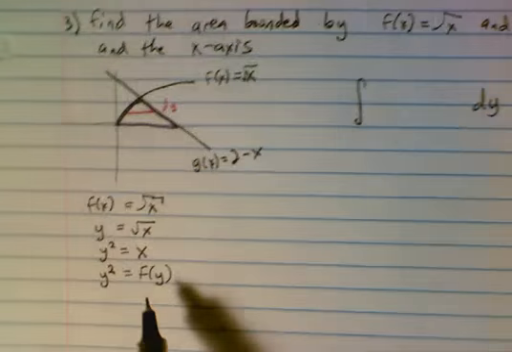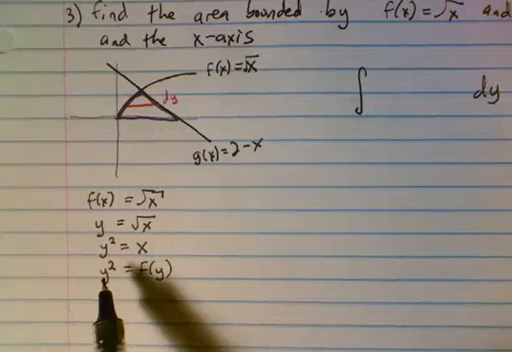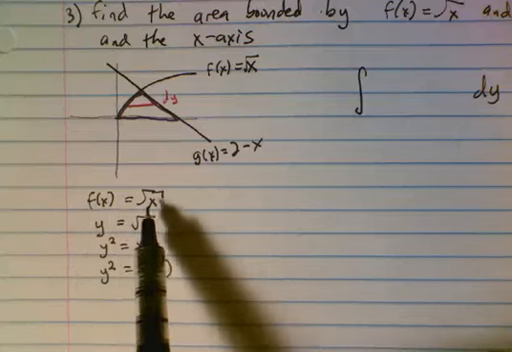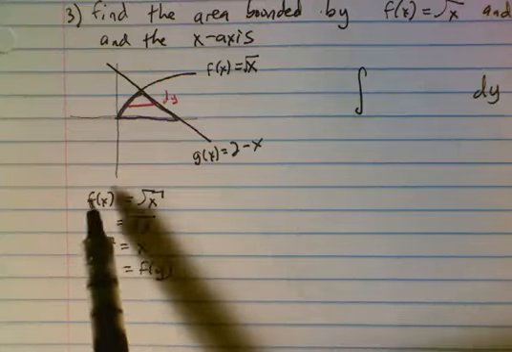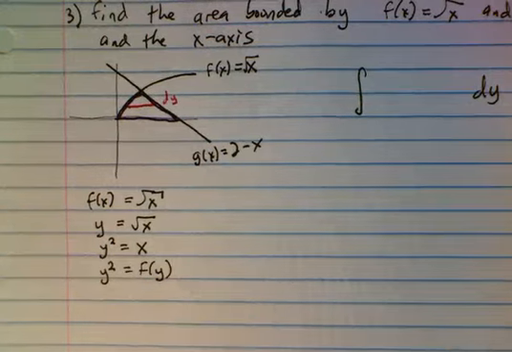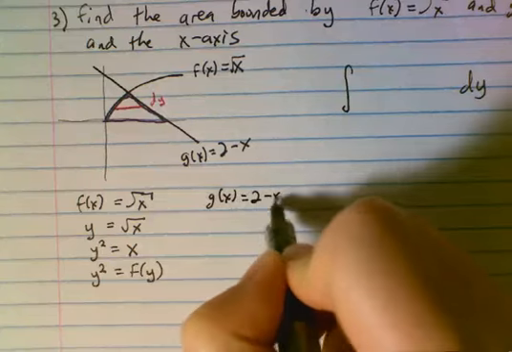I'm just saying that I have an equation that's going to give me some output when y is my input. So this always works. It's basically just finding the inverse function. F of x equals something in terms of x, put y in, solve for x, and put f of y in for x. We can do the same thing with this g of x equals 2 minus x.